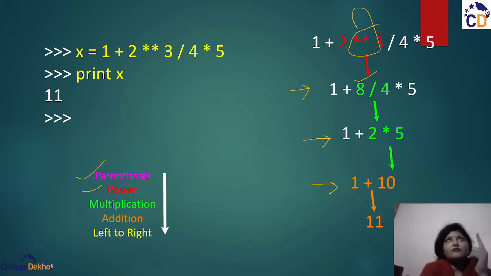First of all we have parenthesis, second is power, third is multiplication or division, fourth is addition or subtraction, and fifth, it is evaluated from left to right. So how is it left to right? Basically you are following the precedence, right?